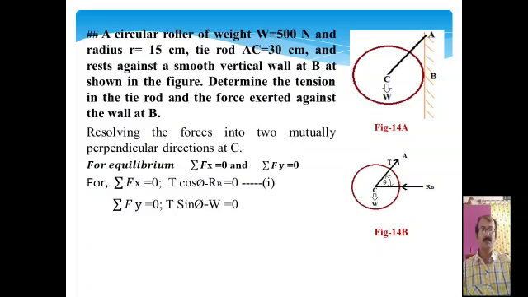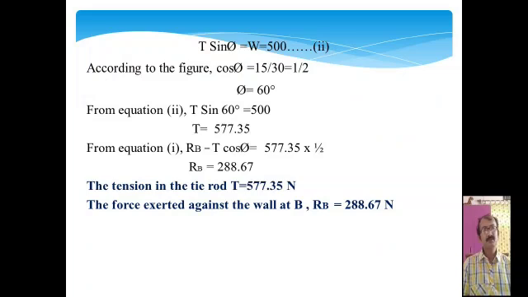From the condition of equilibrium, summation of Fx equals 0 and summation of Fy equals 0. From summation of Fx equals 0, T cos phi minus Rb equals 0, equation 1, and from summation of Fy equals 0, T sin phi minus W equals 0, equation 2.